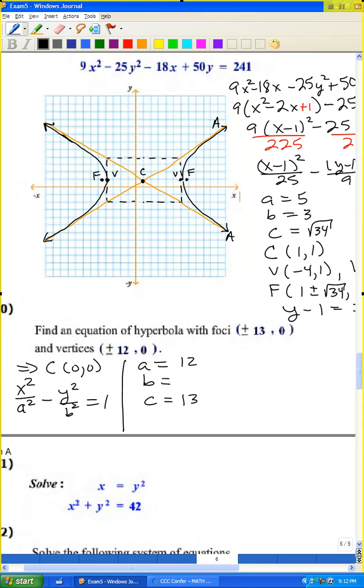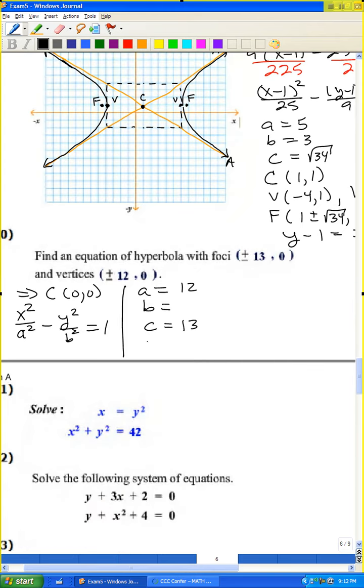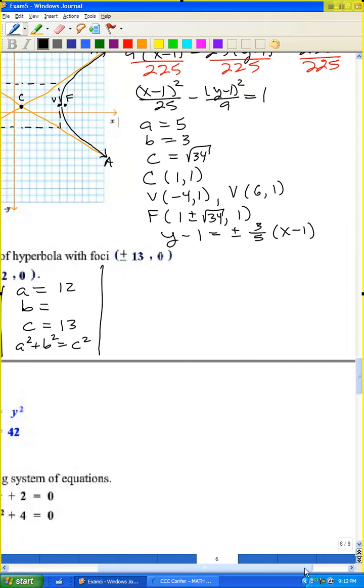And again, a squared plus b squared equals c squared. So 12 squared plus b squared equals c squared. 144 plus b squared equals 169.